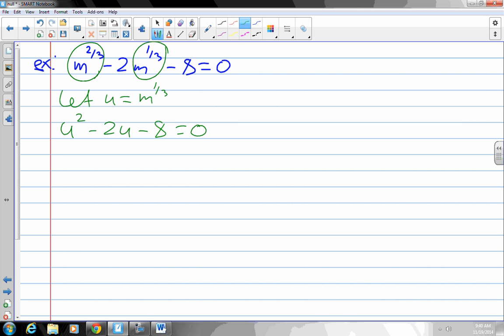This factors very easily. U minus 4, u plus 2 equals 0. And then we'll set both to 0. We'll get u equals 4. And we'll get u equals negative 2. Right?